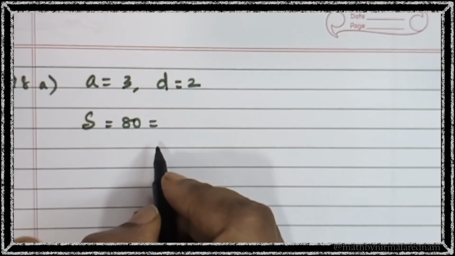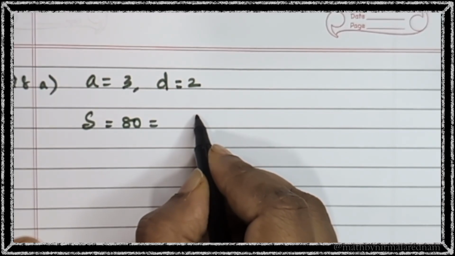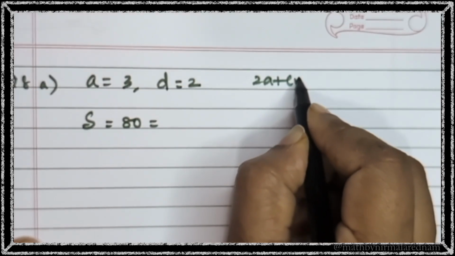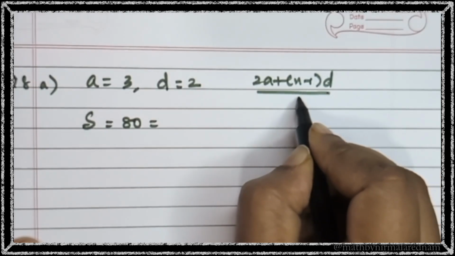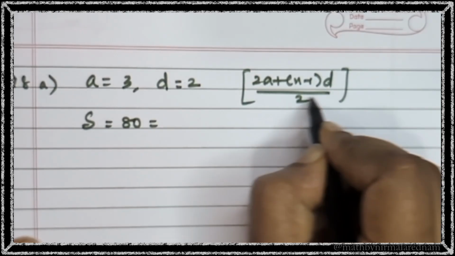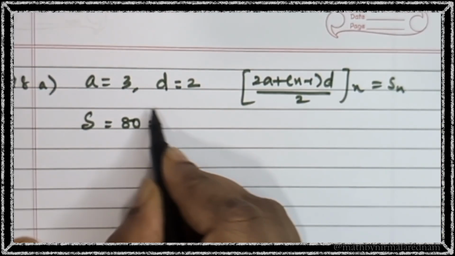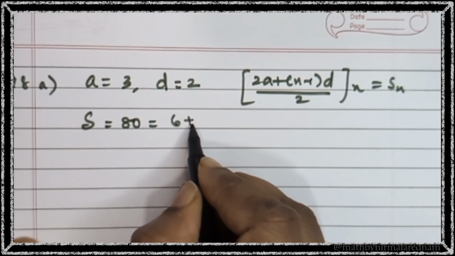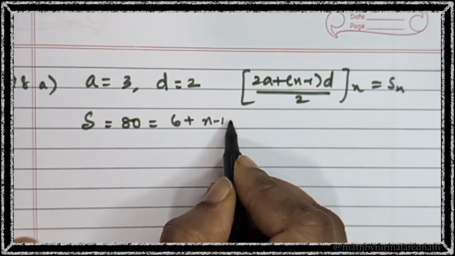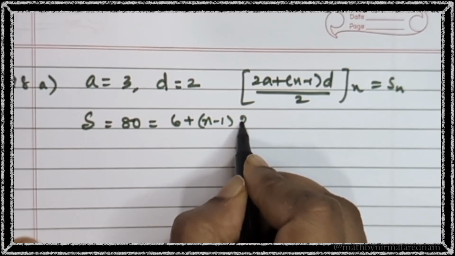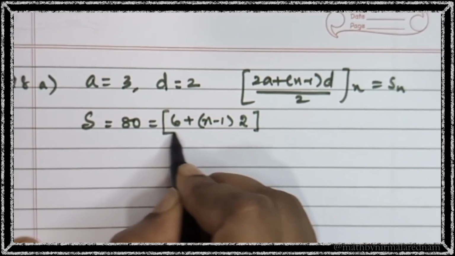We know that the formula for the sum of n terms of an AP is n by 2 times 2a plus n minus 1 into d. So I'm going to substitute here. 2 times a is 6, plus n minus 1 times 2, which I am supposed to find out, times n.